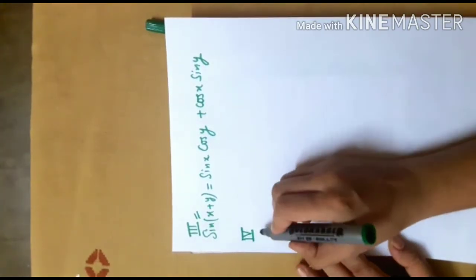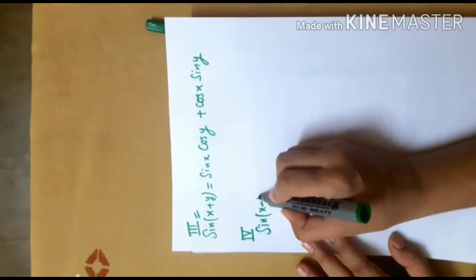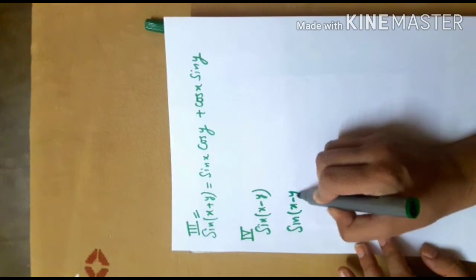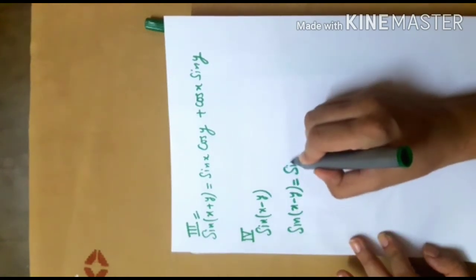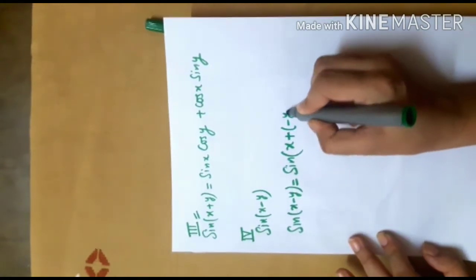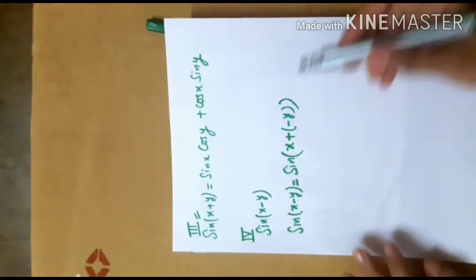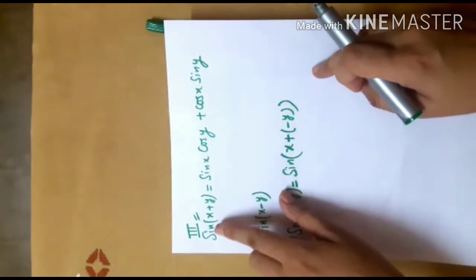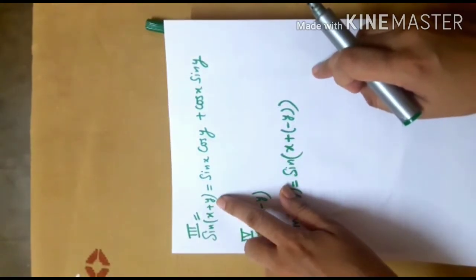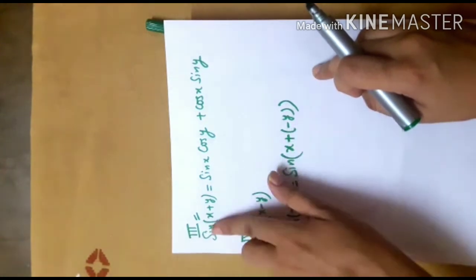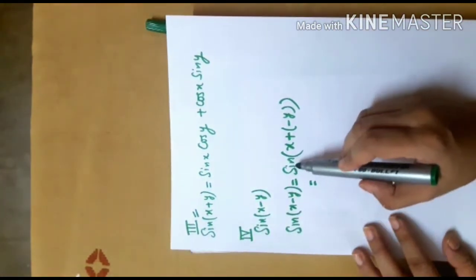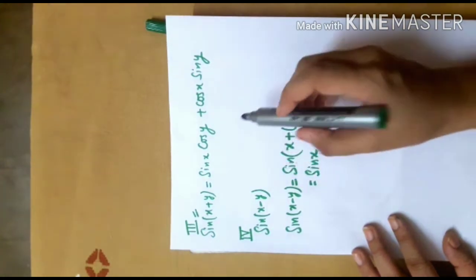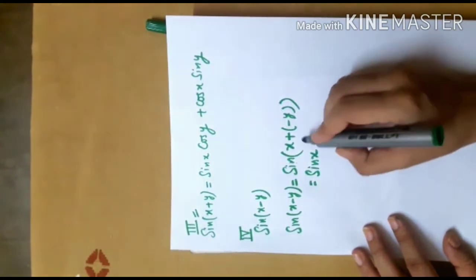Now the fourth identity in this group, sin(x minus y). Look here. Can I write sin(x minus y) as sin(x plus negative y)? Now this is same as this form. Role of x is being played by x and role of y is being played by minus y. So I apply this identity. Yes, sin(x plus y) is sin x into cos y and role of y is being played by minus y.